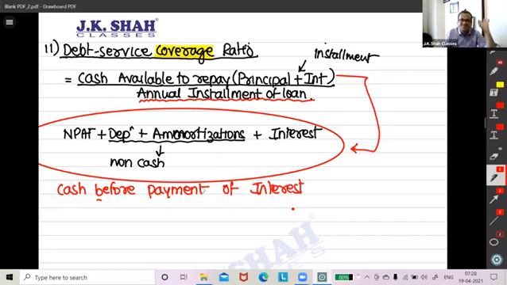The money is finished. Now what is left in the pocket? Before making the payment, I have to check that 500 is there. After paying 500, nothing is left, so you can't check afterwards, you have already bought. So you have to take the cash before making payment of interest. How will you reach that? Add back interest.